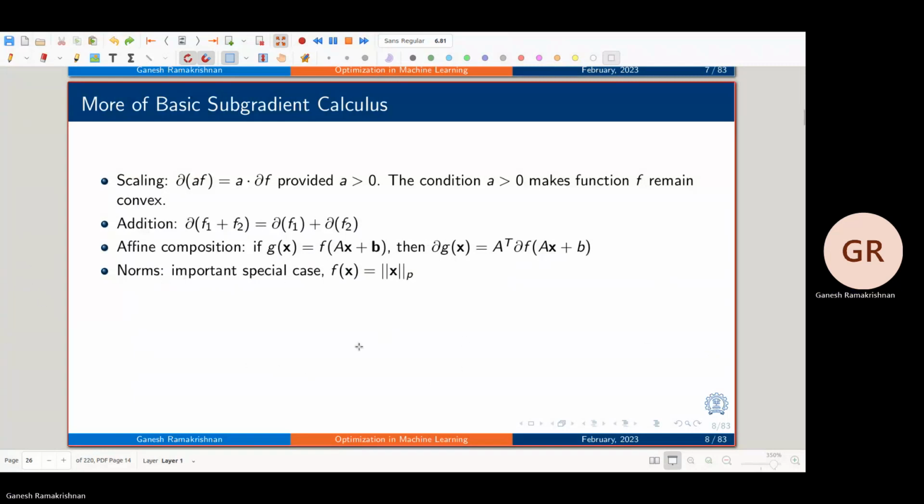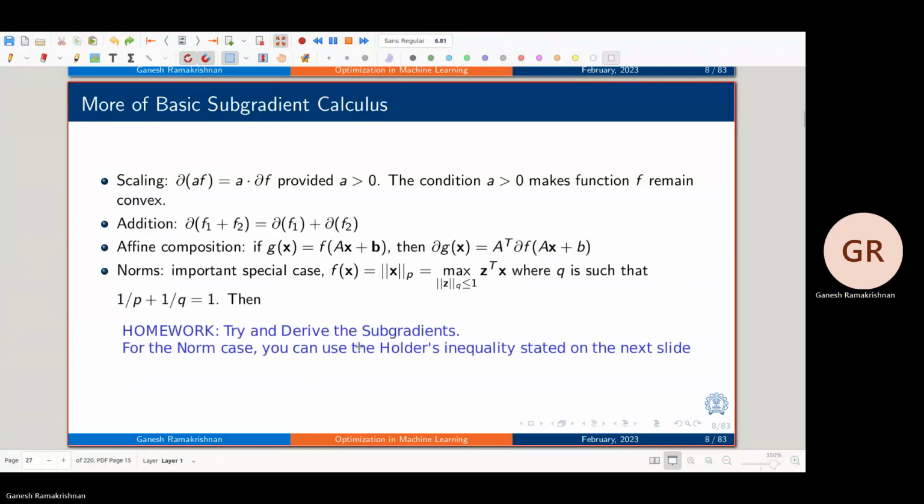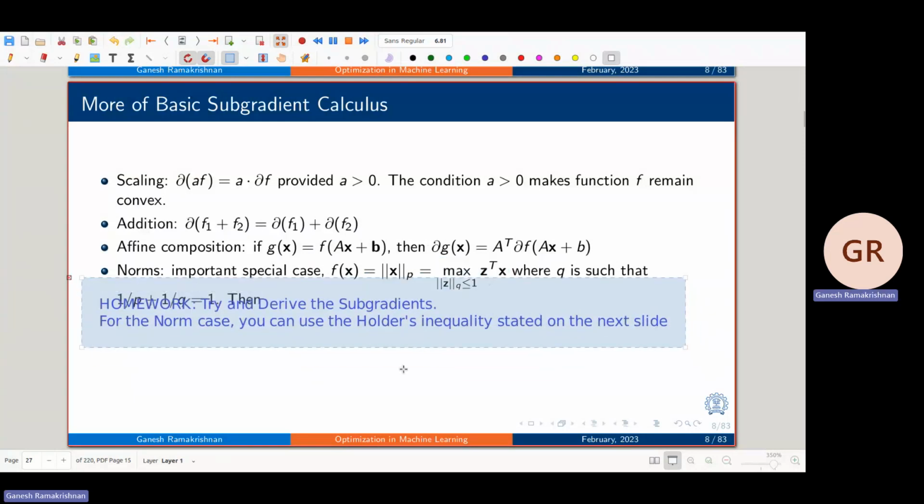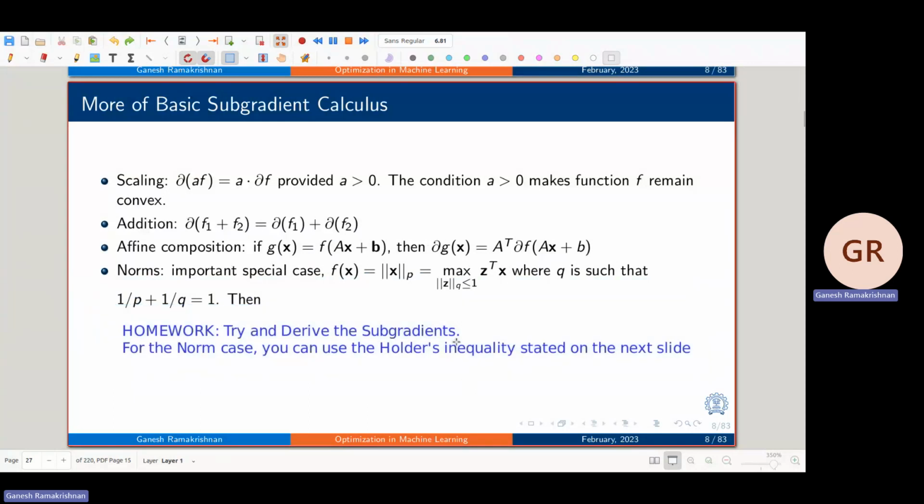So it turns out that the p norm of x, this is the Cauchy-Schwarz generalization. Now think of how Cauchy-Schwarz can be written like this.